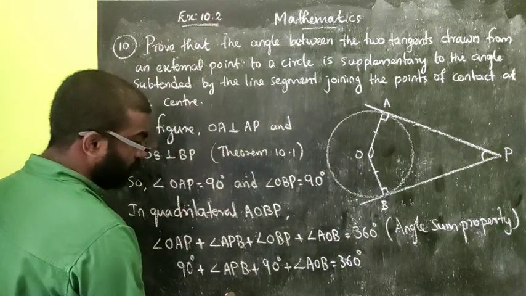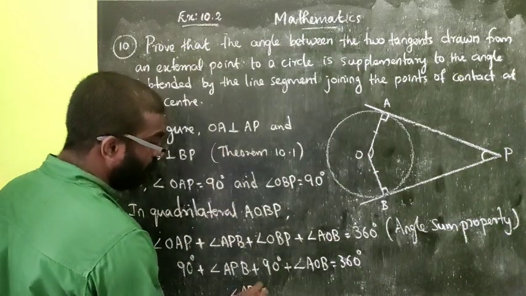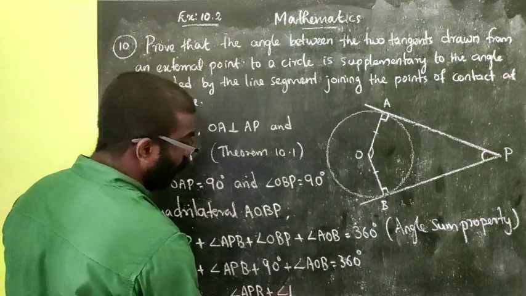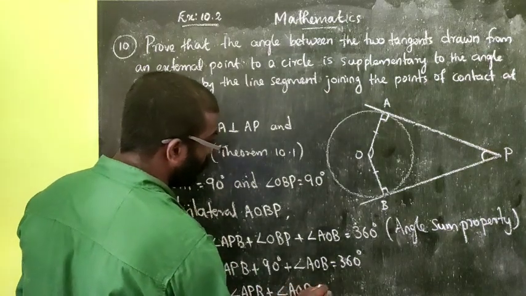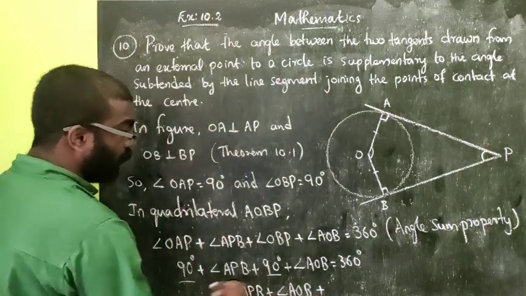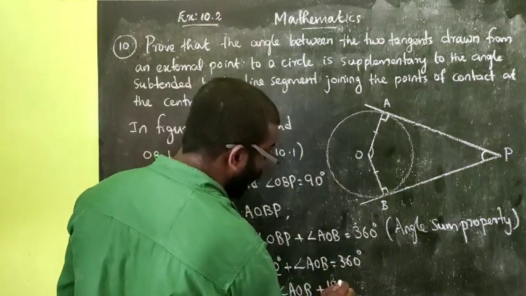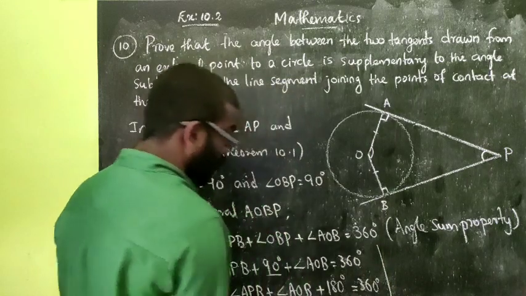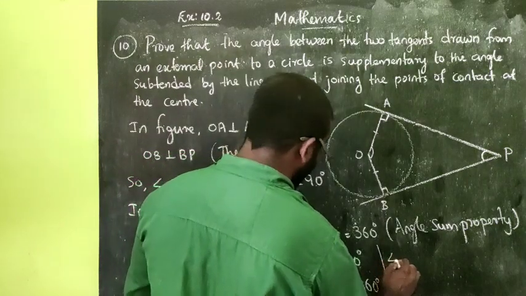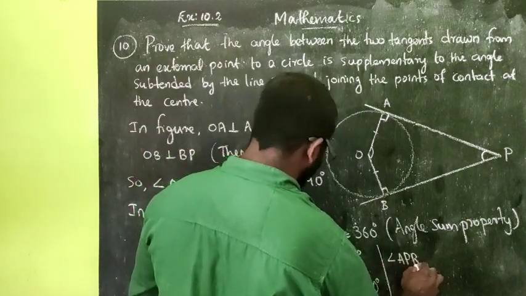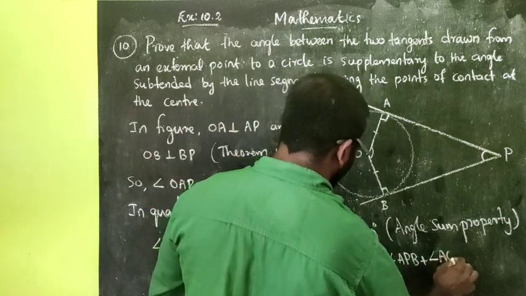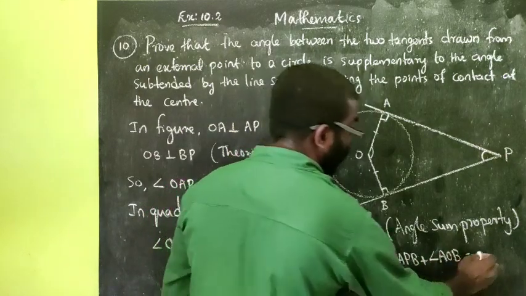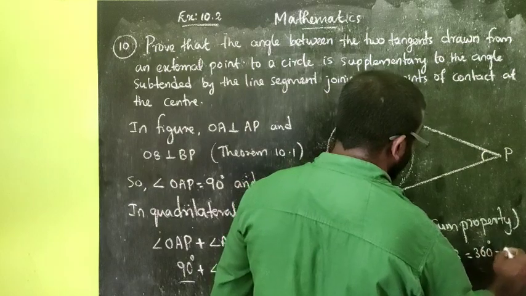We can rearrange the terms. There is angle APB plus angle AOB plus 90 plus 90. 90 plus 90 is 180 degree, which is equal to 360 degree. Or we can write angle APB plus angle AOB equal to 360 minus 180.